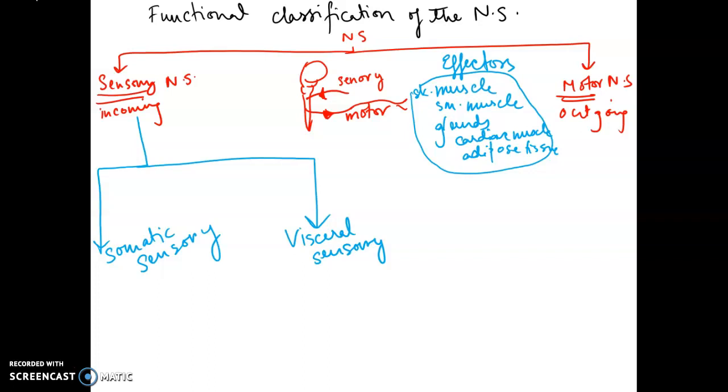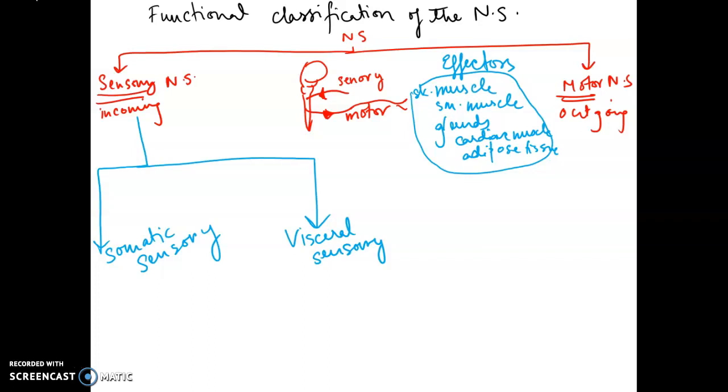So my eyes are carrying this information to the central nervous system, and my brain is interpreting all the incoming information and saying, it's a bad cloudy day. Okay, so somatic sensory neurons are the neurons that carry sensory information.